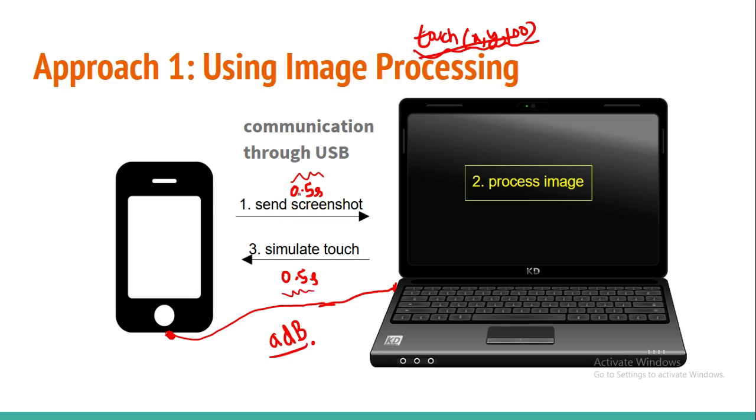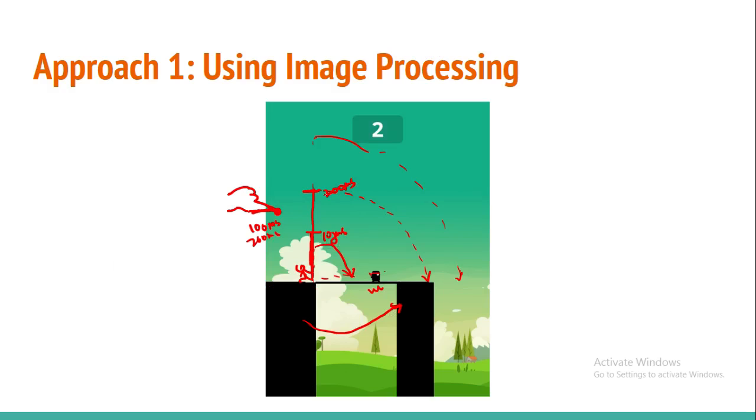This delay is largely because this library encodes the screenshot in .png format and saves it on the phone's hard drive. And then the file is sent to the laptop again through the USB. So I think that's probably why it takes so long. And this is really not an efficient method where you have to do things fast.